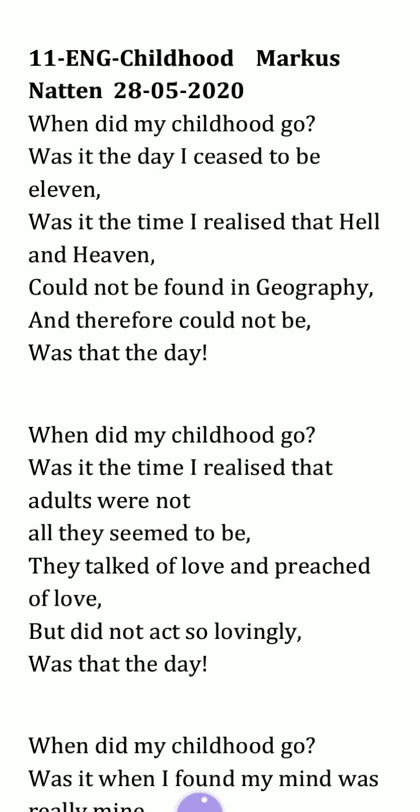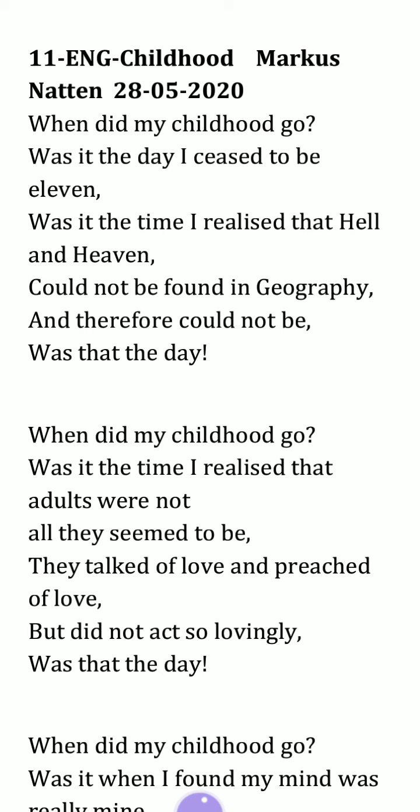So in the second stanza he is talking about the adults. He is telling that they talk of love, they preach of love, and they do not act lovingly. This is the backbone of this poem, that the narrator is criticizing the hypocritical nature of the adults and the people as a whole, that these adults generally are very much hypocrites.